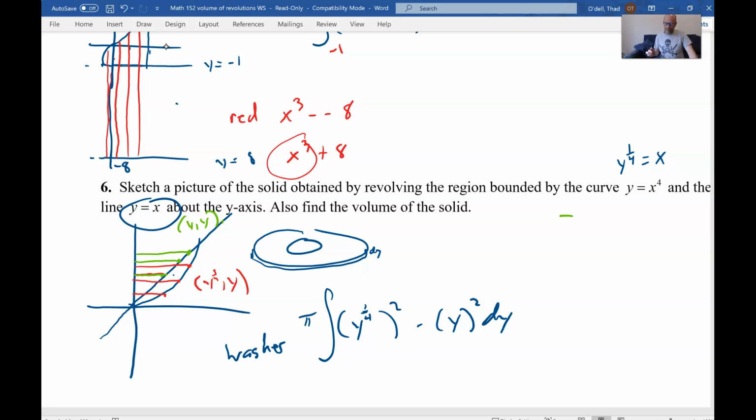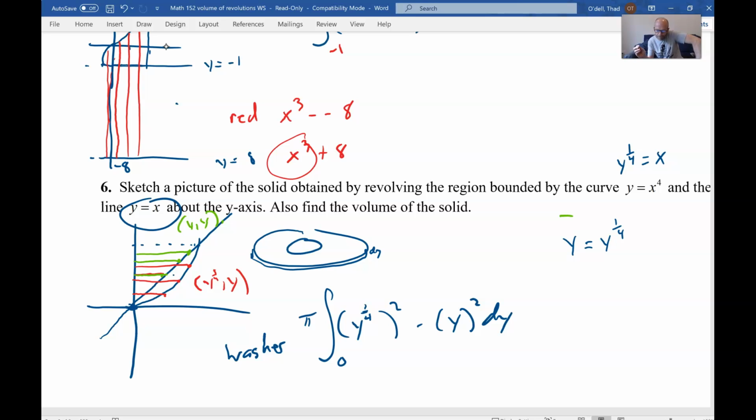Okay? Then we just need the limits of integration, which would be in terms of y. So this point down here, of course, is 0. We'll put 0. What is that point right there? That's the point where y equals y to the 1/4.